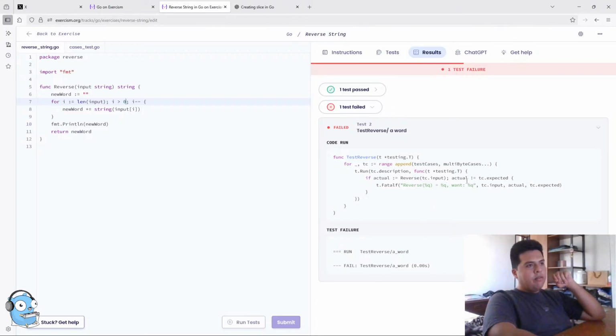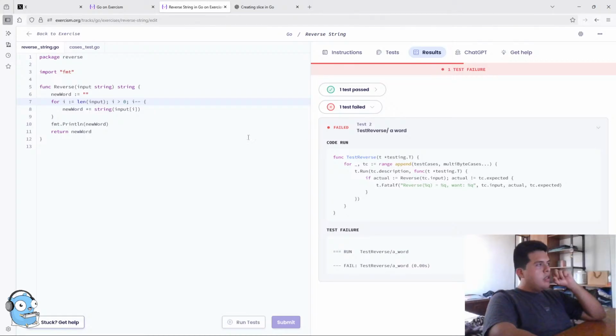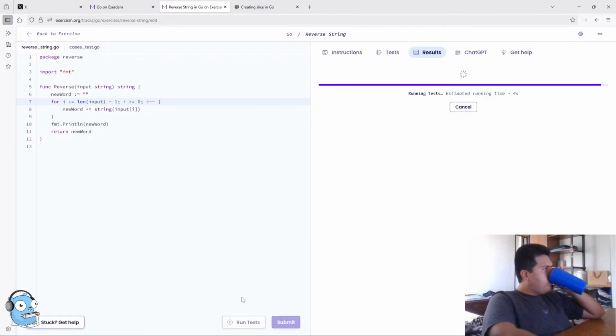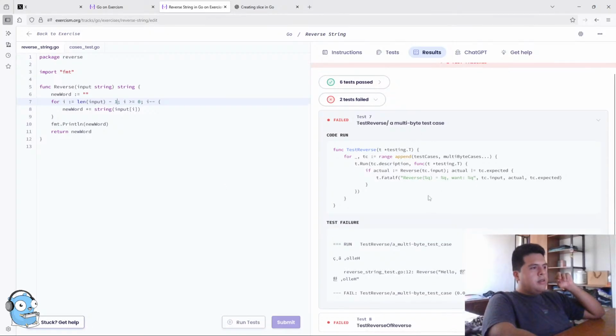Reverse a word. One word. Reverse an empty string. Okay. i equals to the name of the word equals to... I mean, maybe this. Okay.